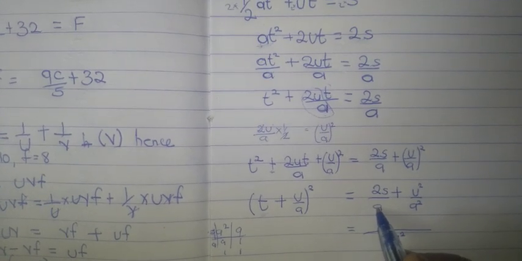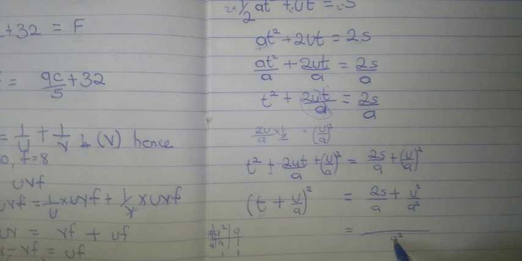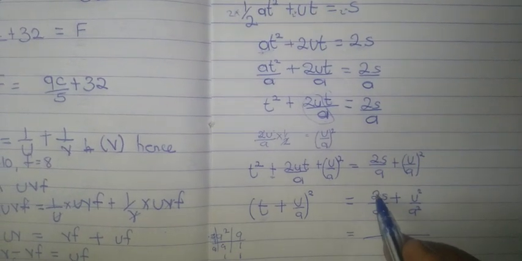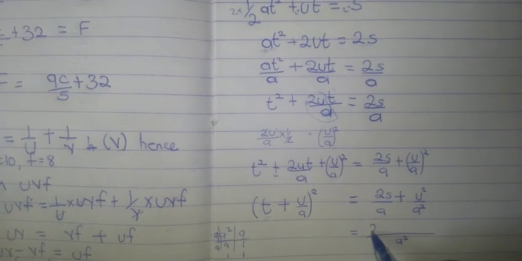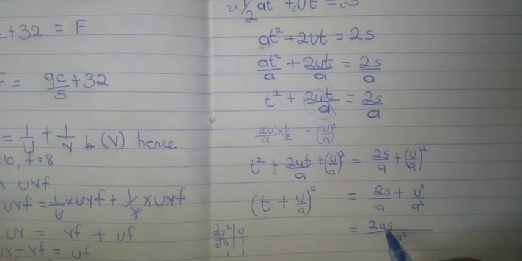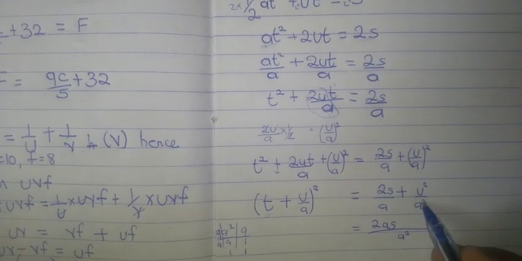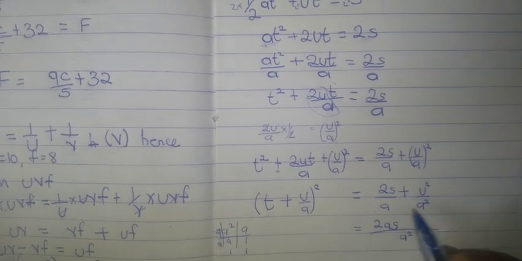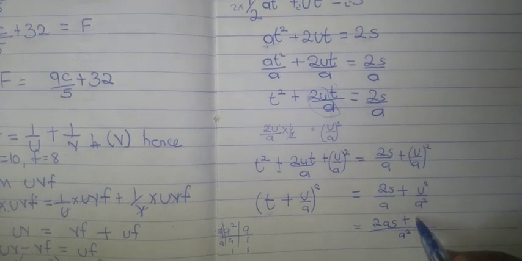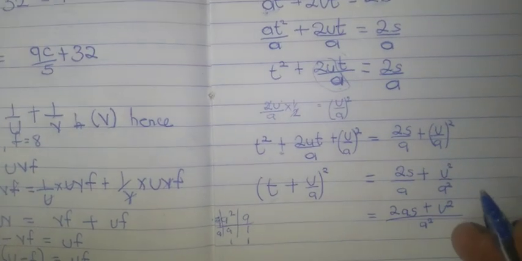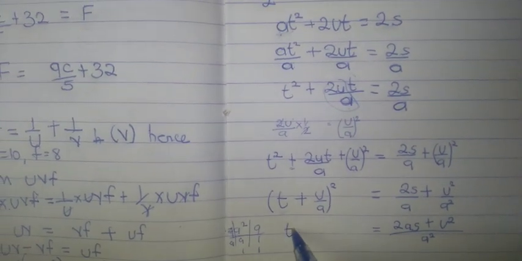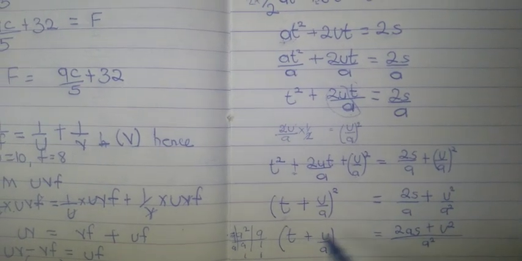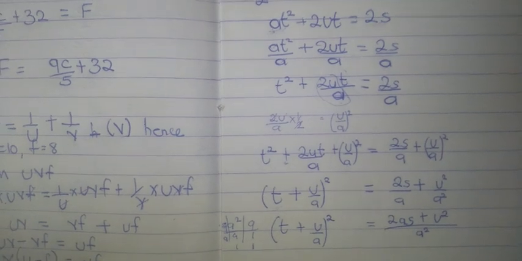One of the a will cancel out, a squared divided by a, we get a. The a we get, we multiply it times what is up, so we get 2as. The a squared divided by this, we get 1. 1 times what is up is u squared. So plus our u squared.